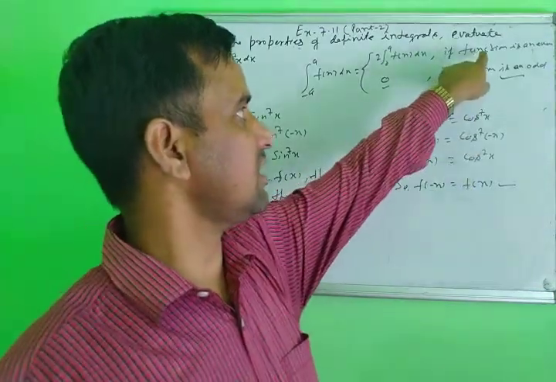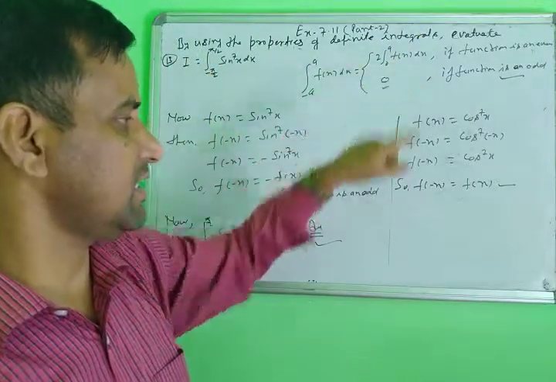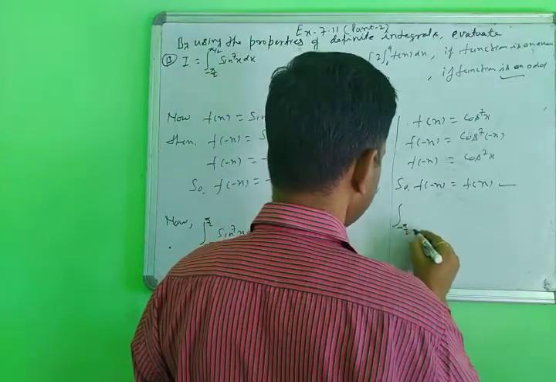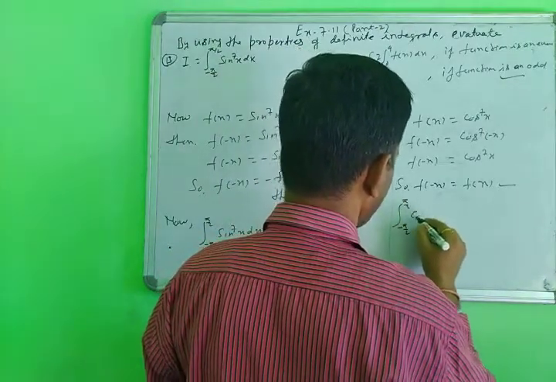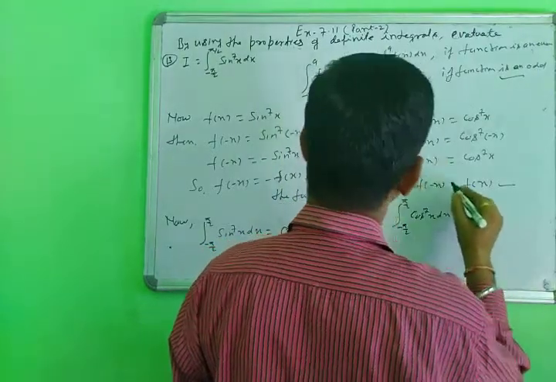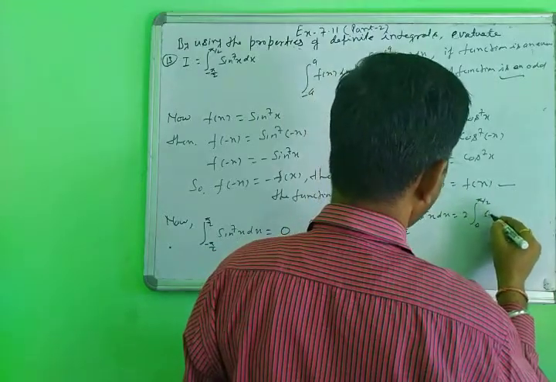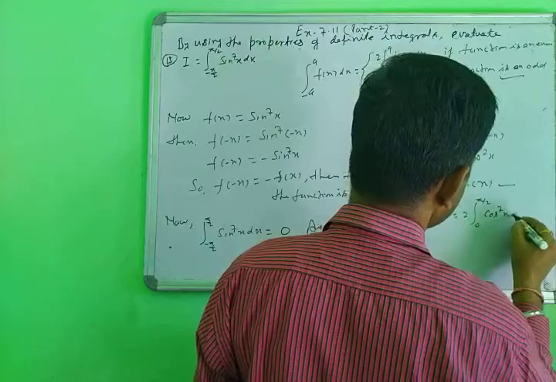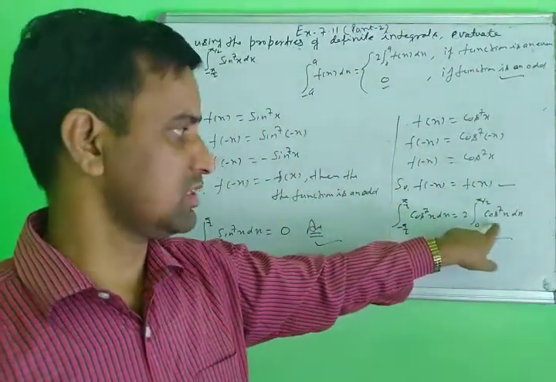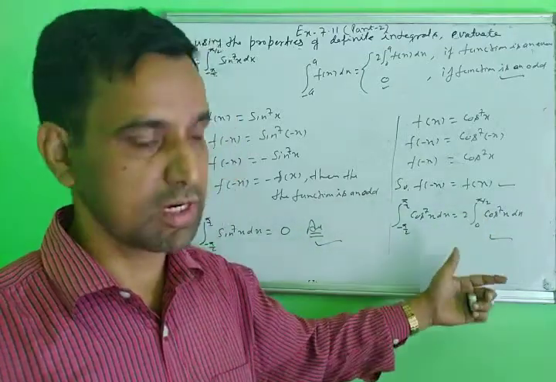So this is positive: f(minus x) equals f(x). When the function result becomes positive, you can integrate this portion. The integral from minus pi by 2 to plus pi by 2 of cos 7x dx, you can write as 2 times the integral from 0 to pi by 2 of cos 7x dx. Then you can easily integrate cos 7x dx, use the limits, and get the answer.